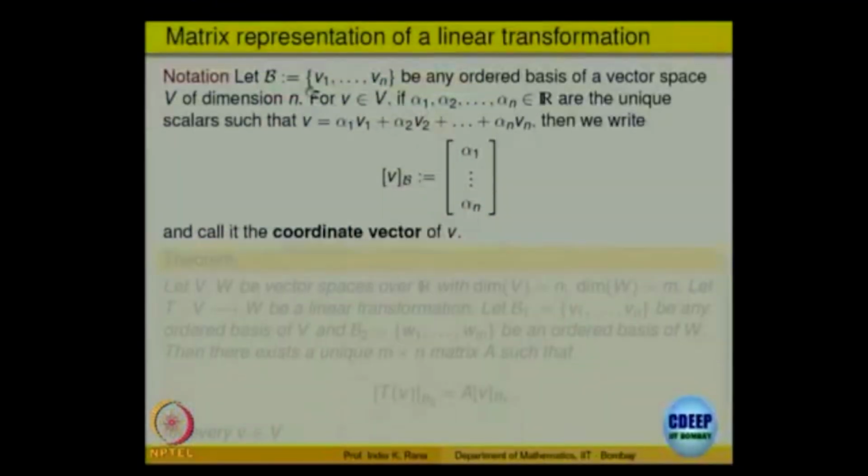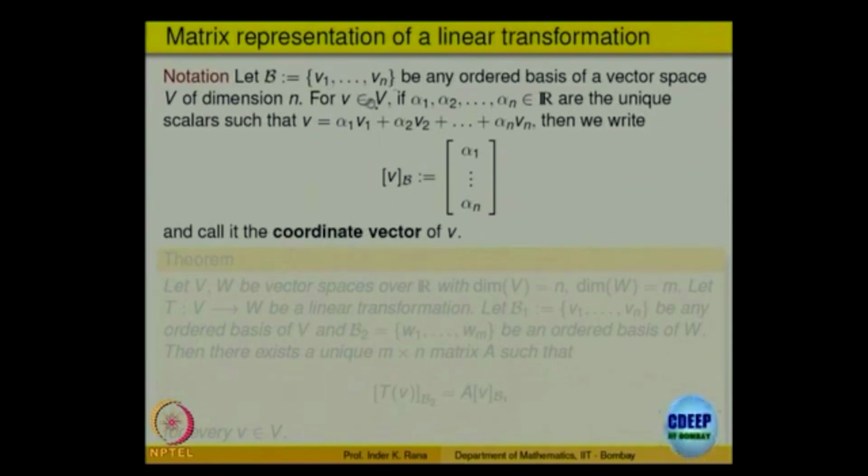That is the only way of getting a linear transformation. So for that, let us have this notation. If V is a vector space and you have a basis v1, v2, ..., vn, an ordered basis, once again the order is fixed, right. So what does that mean? It is a basis.